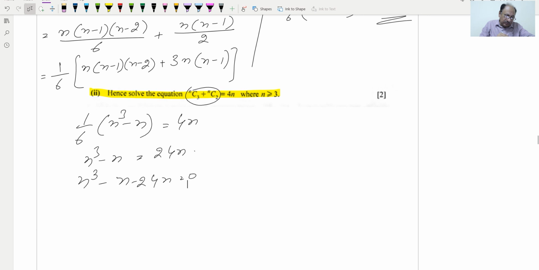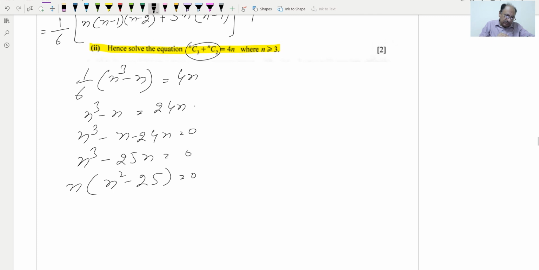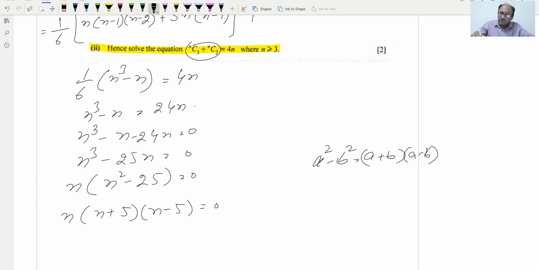So we can write n cubed minus 25n is equal to 0, and we can take n common, so n square minus 25 is equal to 0, and we can write n into n plus 5 and n minus 5, factorized by the formula a square minus b square is equal to a plus b into a minus b.